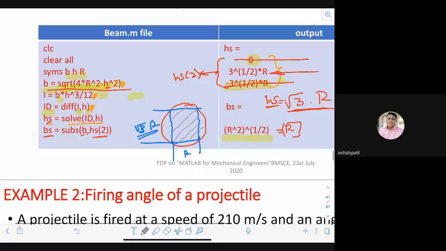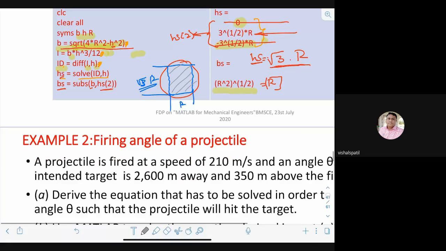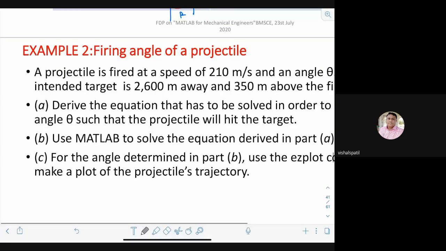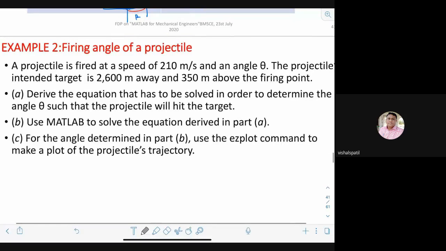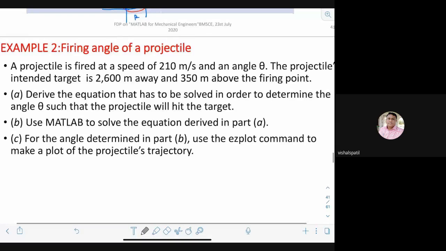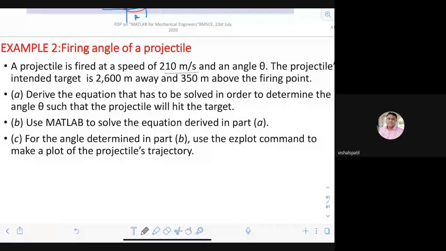Okay. Now let's try to go to a slightly different problem on kinematics, that is the projectile problem. See this problem here. It says a projectile is fired at a speed of 210 meters per second. The projectile is intended to hit a target which is 2,600 meters away and 350 meters above the firing point.